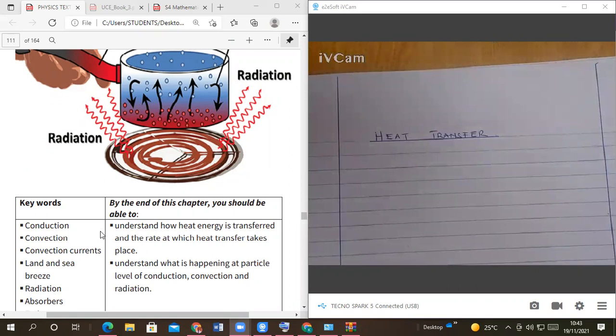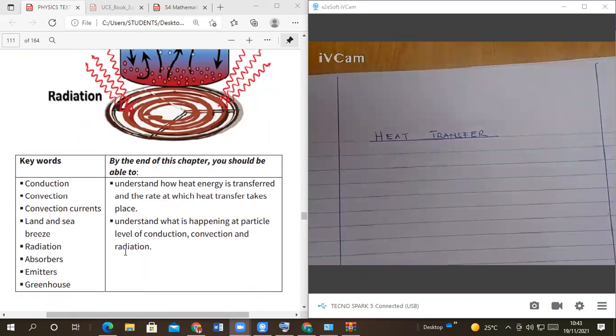We shall also understand how particles behave in each when heat is moving from a region of high temperature to a region of low temperature. We shall see the behavior of the molecules.